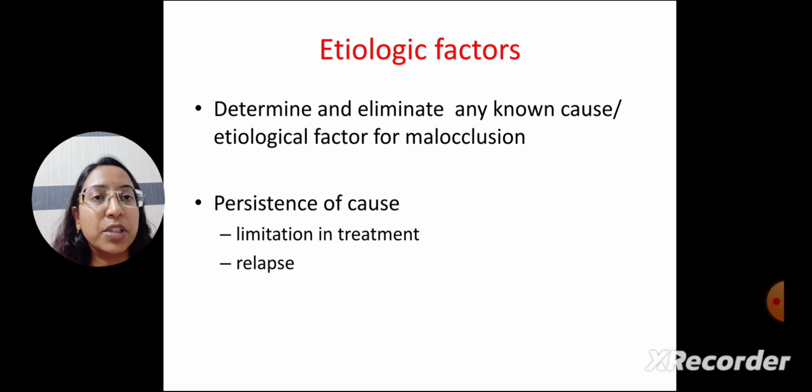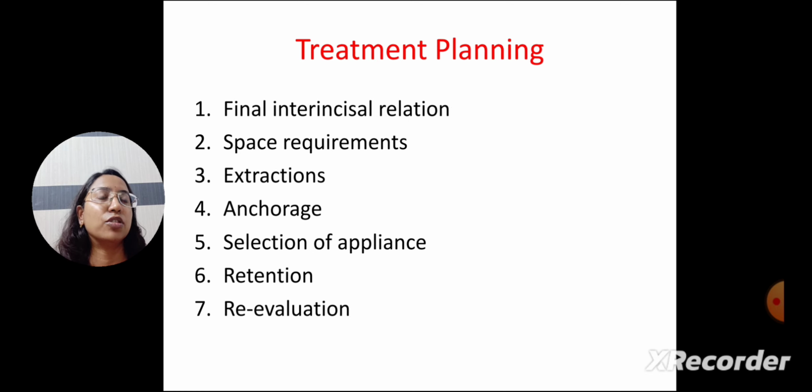If we are not eliminating the etiology, that will result in two problems. Either the treatment is limited, we are not able to achieve full correction, or whatever correction we have achieved will show more relapse. Therefore, the etiology has to be corrected as and when we see it.